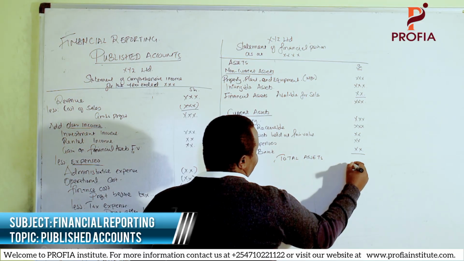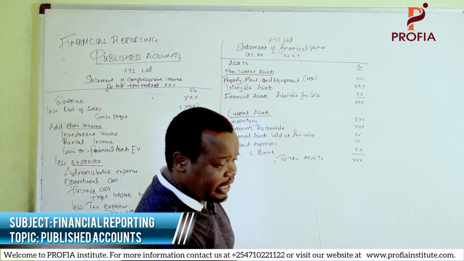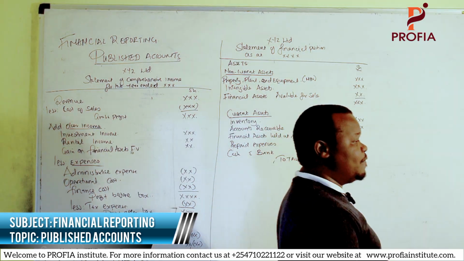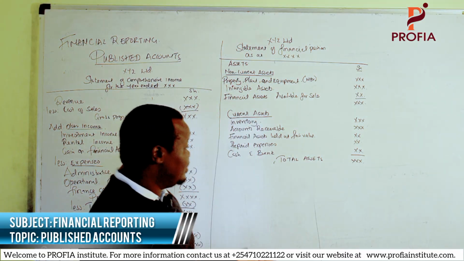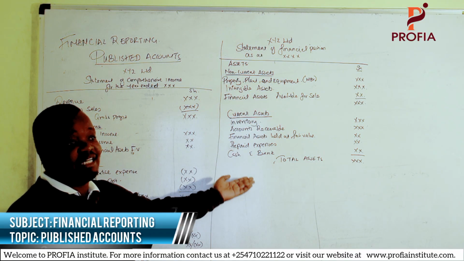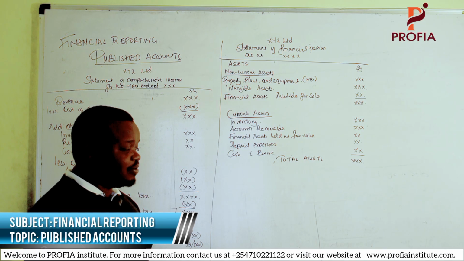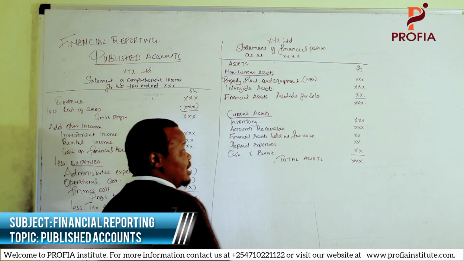I know we have two formats where we can also calculate the net assets. It's allowed. You can use either this one or you calculate the net assets. You can simply say less current liabilities. That is also allowed. But for the purpose of today, let's just use the common one where we go to equity.